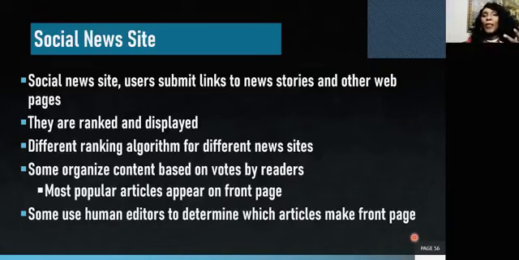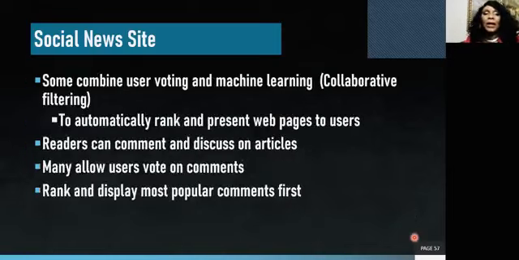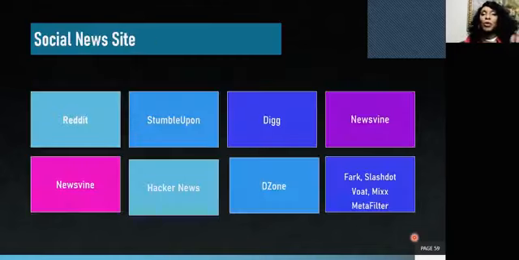So it depends on the application, it depends on the platform. Some of them will just position popular articles on the first page. In some cases, they use a human editor to determine which articles make the front page. Sometimes they use a machine algorithm entirely.